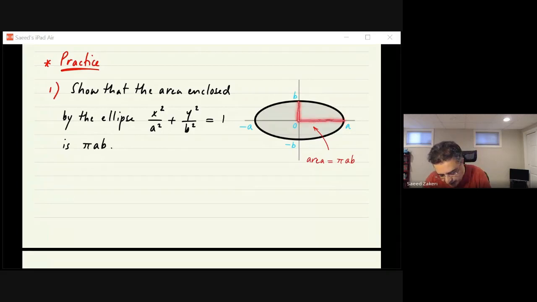I can integrate that function, whatever it is, from 0 to a. That will give me this area, which is, by symmetry, a quarter of the total area of the ellipse. I find the answer, then multiply it by 4. So it all boils down to figuring out the formula for the upper half of the ellipse, and for that, I have to take this equation and solve it for y.